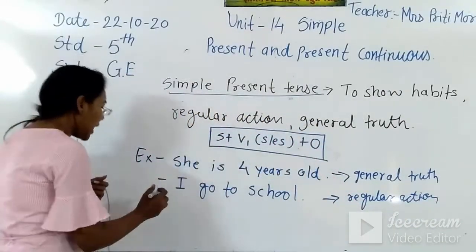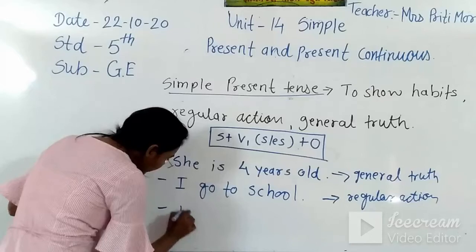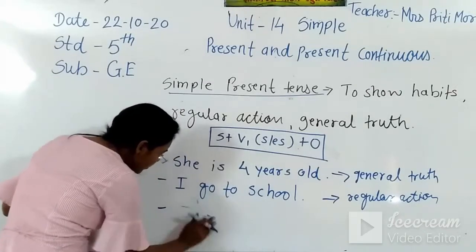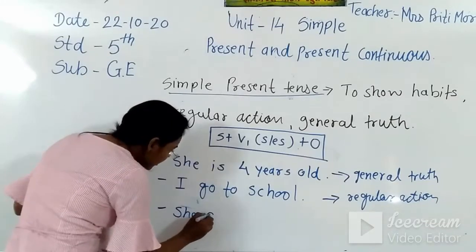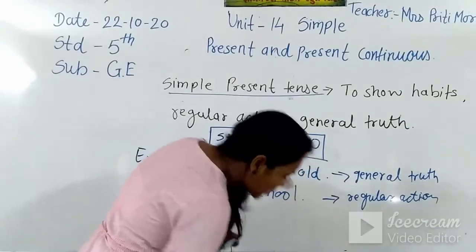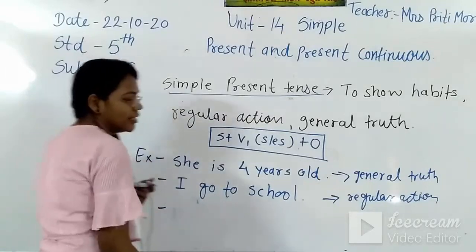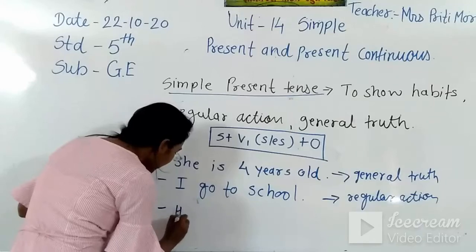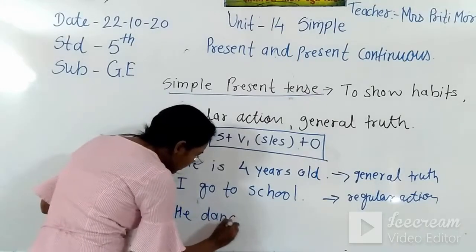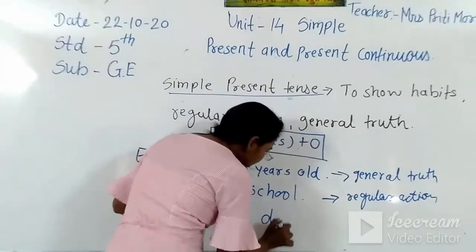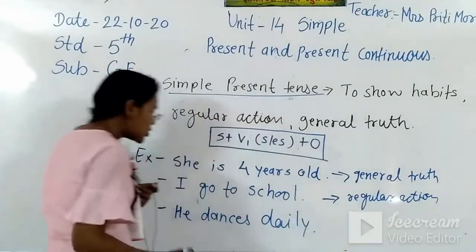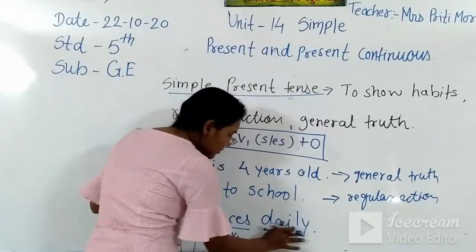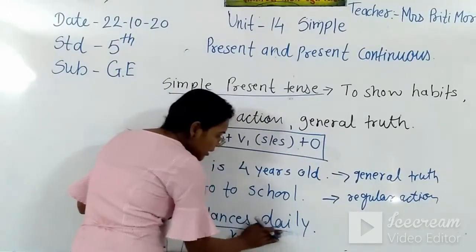And to show the habit, I change the subject here. He dances daily. This is our subject, this is our verb, and the object is not there.